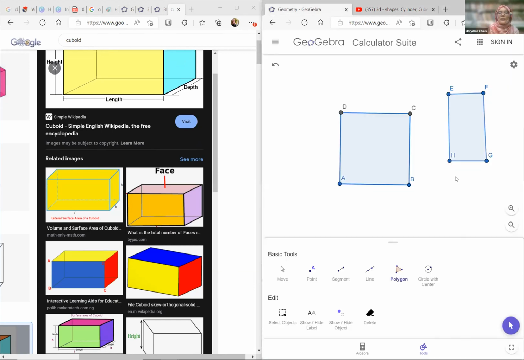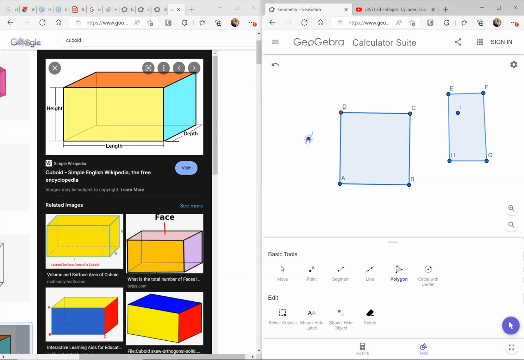Can you tell me the difference between the rectangle and the cuboid? The cuboid is a three-dimensional shape, and the rectangle is a two-dimensional shape.